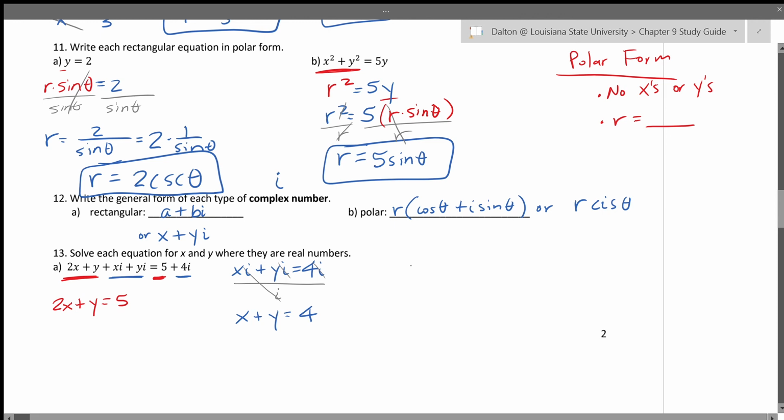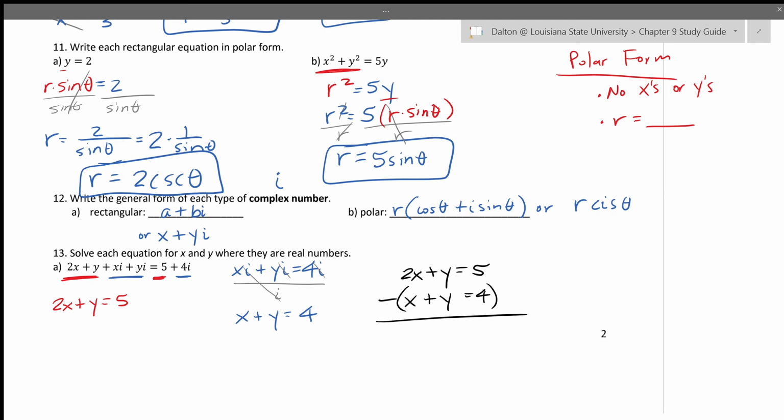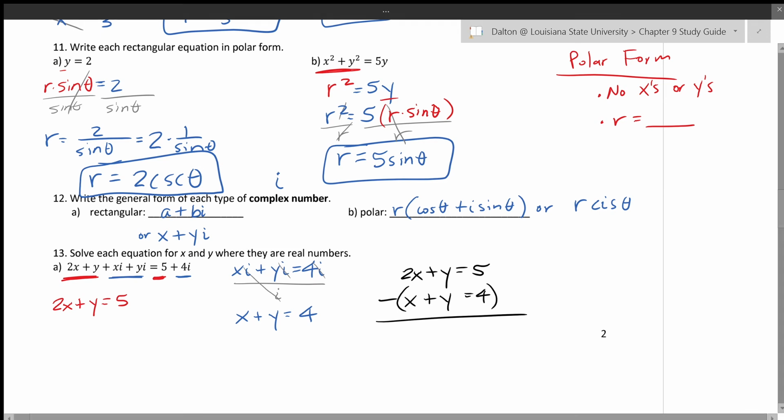because if I do that, let's see, I've got 2x plus y equals 5. If I subtract my second equation, x plus y equals 4, then 2x minus x is just 1x. Y minus y, remember this negative is applying to absolutely everything.